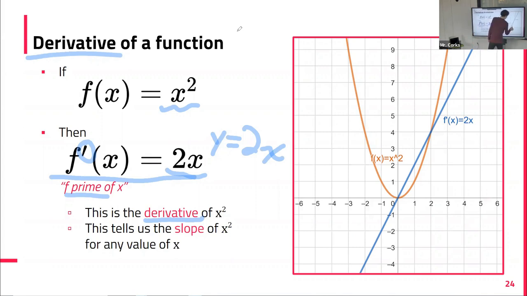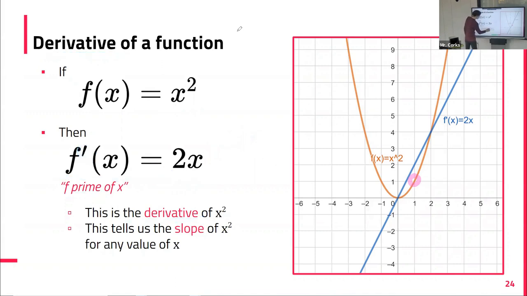Let's say here. My original function, the orange one, when x is equal to 1, what is the slope? What is the slope of the orange function when x is equal to 1? 2.